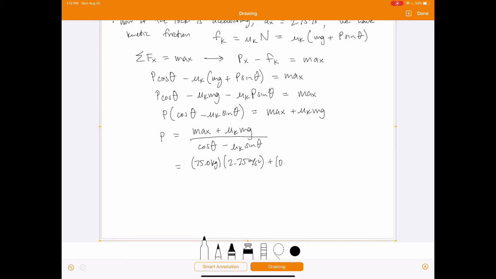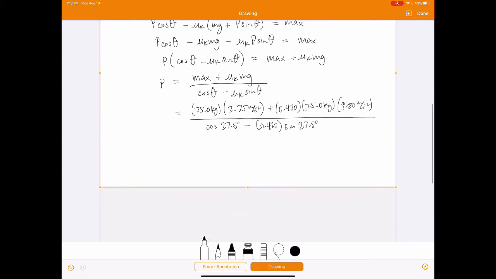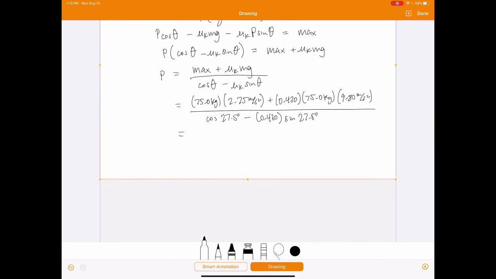Plus mu k, which is 0.43. The mass is 75 once again. And then 9.8 is g. Divide by cosine of 27.5 degrees minus 0.43 sine 27.5 degrees, like this. And that will give us the force of the push. If you crunch these numbers, you're going to get 759 newtons.